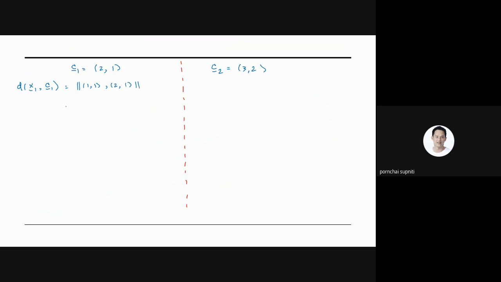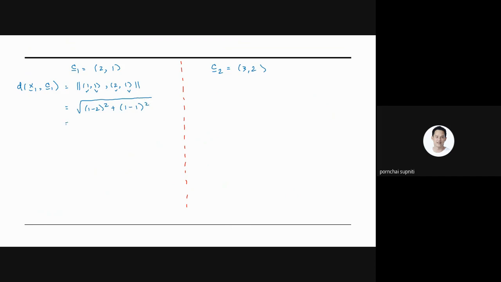In order to compute the Euclidean distance, you take the square root of the number on the first axis, subtract from each other, and then square, plus the number on the second axis, subtract from each other, and then square.